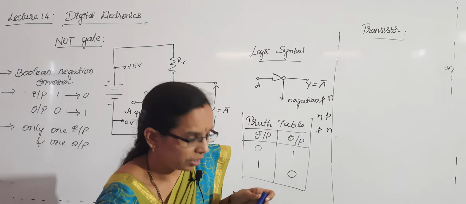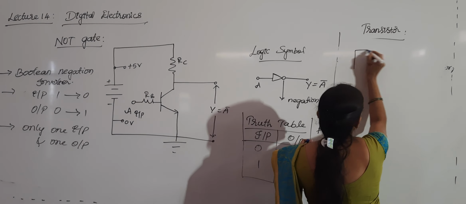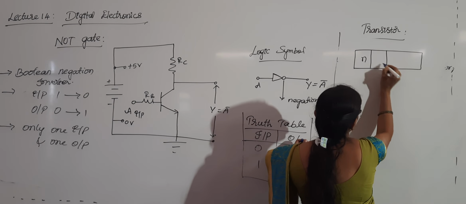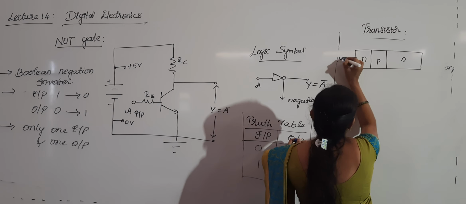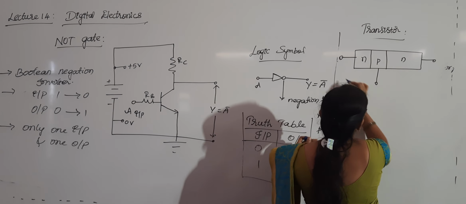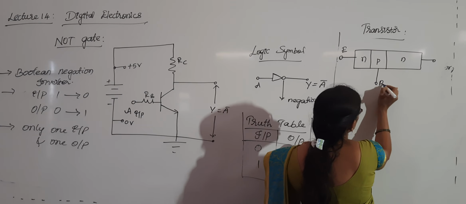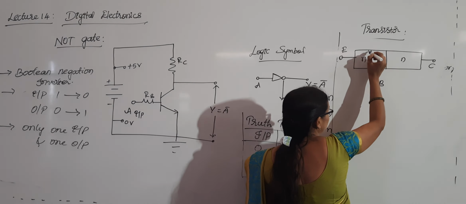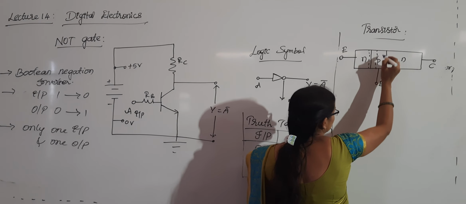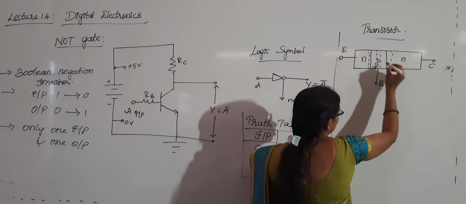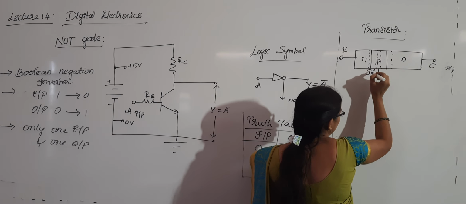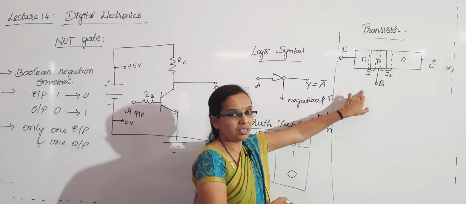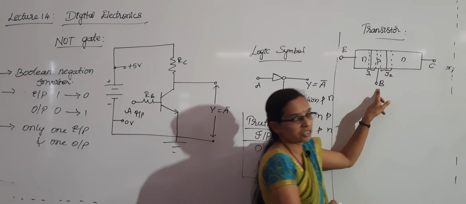As I have already told, I will just consider an NPN transistor; it can be PNP also. Here I am taking an NPN transistor with emitter, base and collector. In this you can expect two junctions: junction 1 and junction 2, that is the emitter base junction and the collector base junction.